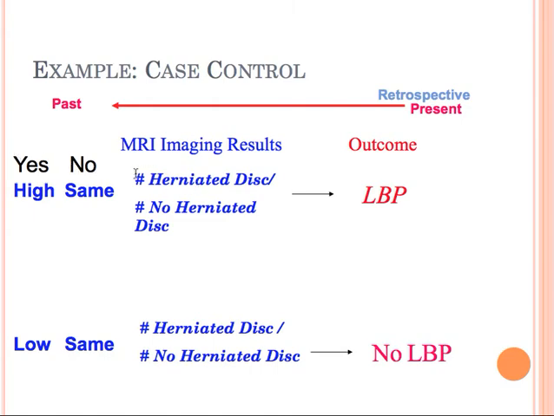If the proportion of herniated disc to no herniated disc is the same in the low back pain and the no low back pain group, then the answer would be no, that the herniated disc is not associated with low back pain. So this is an example of a case control study where you're looking at these proportions in people who've been divided based on some outcome, in this case, low back pain.